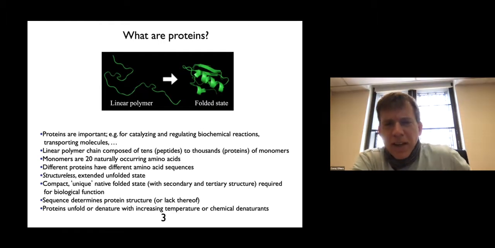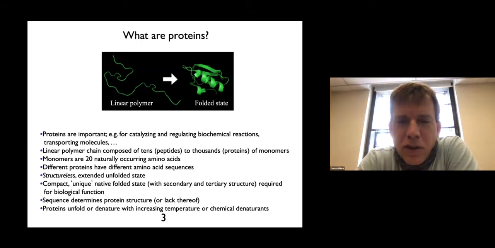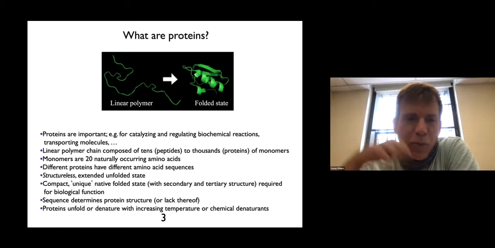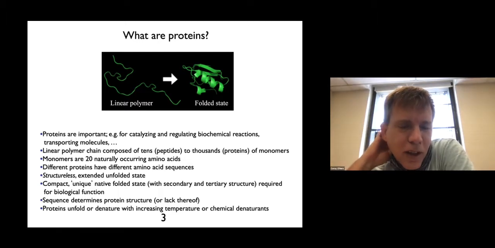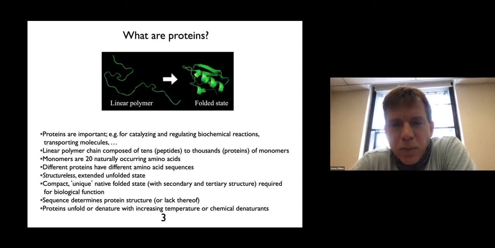It goes without saying that proteins are important in biological systems. Just two examples, they're very important for catalyzing biochemical reactions and transporting molecules across cell membranes, and there are numerous other examples. I said a protein is a polymer.